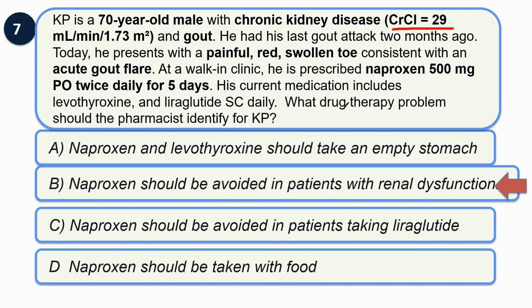So therefore, this patient cannot use naproxen for pain. However, the pharmacist has to consult the healthcare provider and change to a different pain medication.